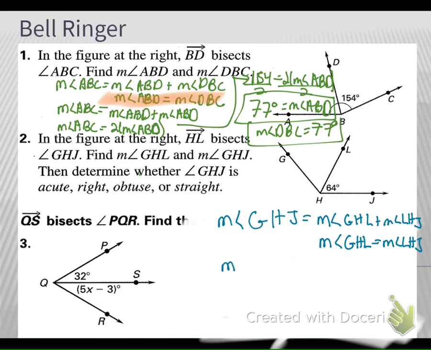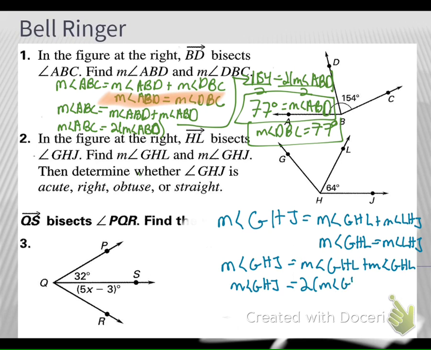So we have the measure of angle GHJ equals the measure of GHL plus the measure of angle GHL. How many GHLs do we have? We have 2. So you can rewrite that as 2 times the measure of angle GHL. Okay. In this case, we have one measurement.